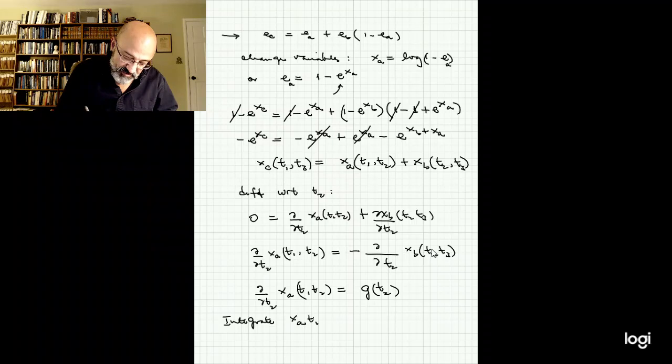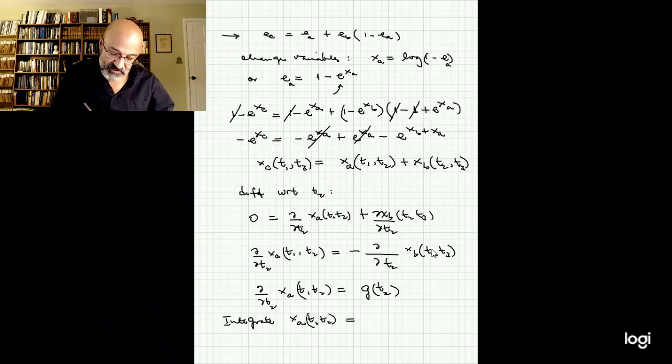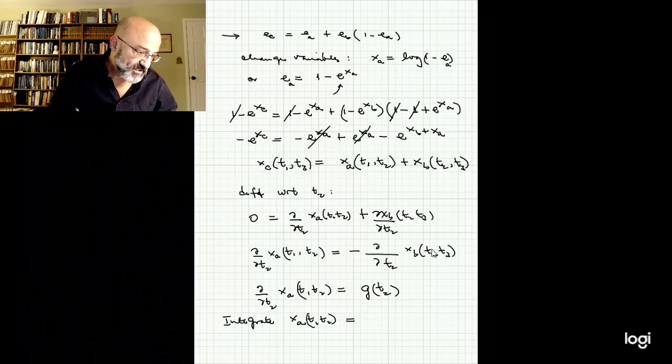You have this object here. On the right-hand side, what you're going to have is, how did I write this? Some function of T1 plus a function of T2.